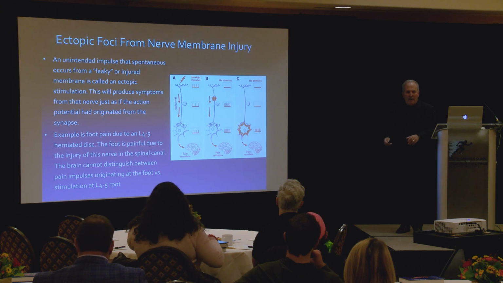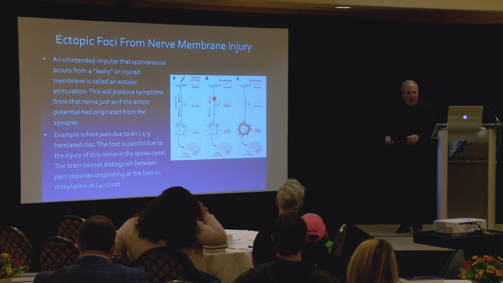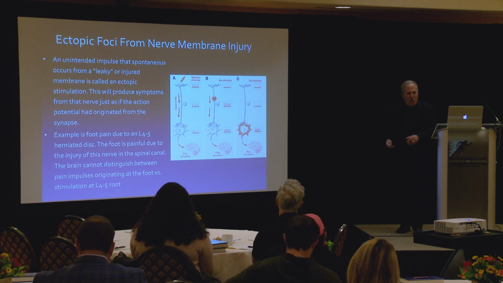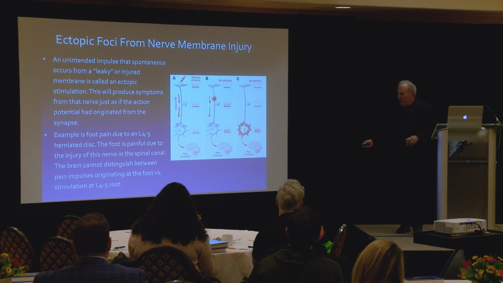This is what happens with nerve injury. So chronic nerve injury, what we call chronic radiculopathy, is an injury to the nerve membrane where the signal is transmitted to the brain even though the connection to it isn't transmitting. So, for example, foot pain due to an L4-5 herniated disc. The foot is miserably painful. People want to cut their legs off. But where is the disorder?